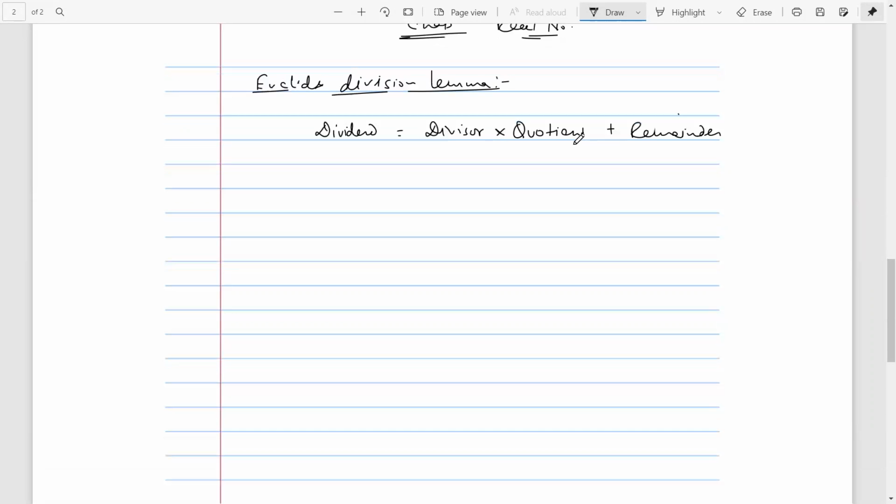So Euclid's division lemma takes the same idea, and it defines that if you have two positive integers a and b, in such a way that a is greater than b. For example, I can take a is equal to 3526 and b will have to be smaller than a, so let's take 255. So a and b are two positive integers.